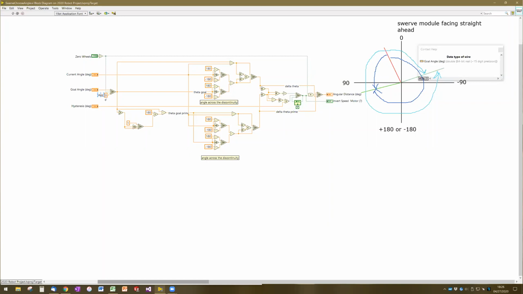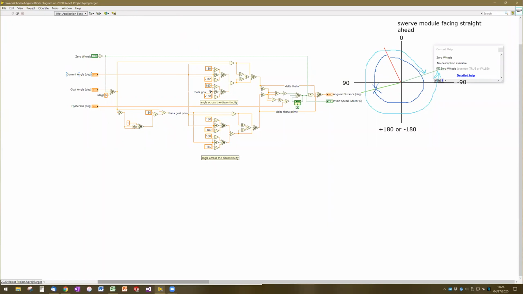We do also have the ability to switch the goal angle to be 0 degrees if we press the 0 wheels button on the driver station. So on the driver station, there's a 0 wheels button that we found useful, and that forces the wheels to go to the forward position so they're ready to be calibrated, which we'll talk about later.